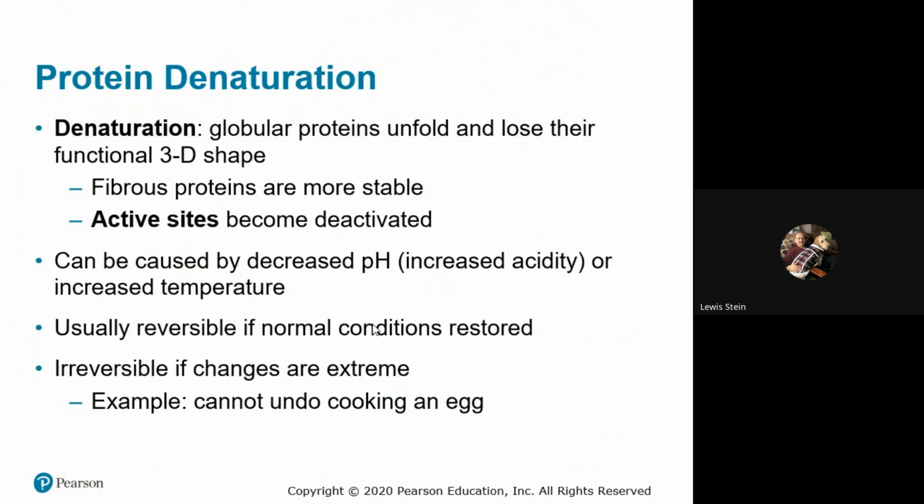Fibrous proteins, why they're more stable, okay, they're structural: collagen, elastin. So basically, they're made of helices that break. So if I take this, and I do this, it will work.